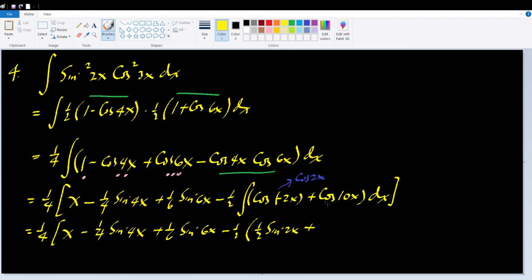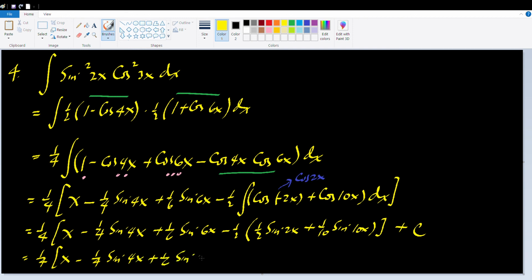Plus, the integral of cosine 10x is 1 over 10 sine of 10x plus c. So we have 1/4 the quantity of x minus 1/4 sine of 4x plus 1 over 6 sine of 6x minus 1/4 sine of 2x minus 1 over 20 sine of 10x plus c.